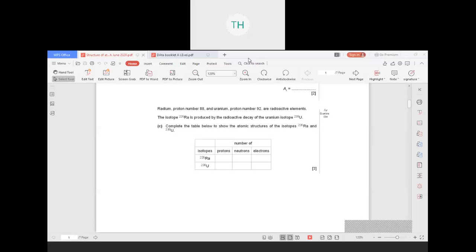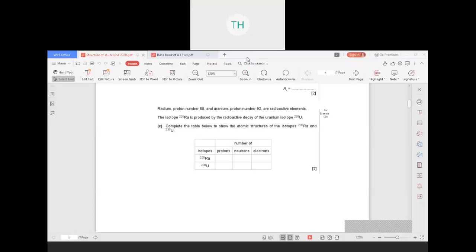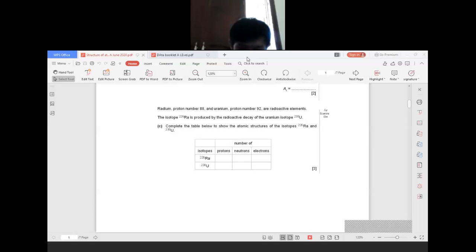Yes. How many neutrons? The neutrons of radium is 138. Yes, correct. And then uranium, how many protons are there in uranium? Uranium, 92. Yes, and then how many neutrons are there in uranium-238? 146. Yes, correct.